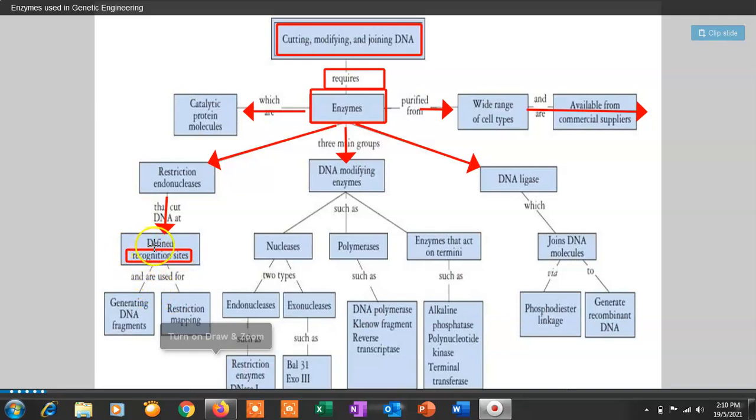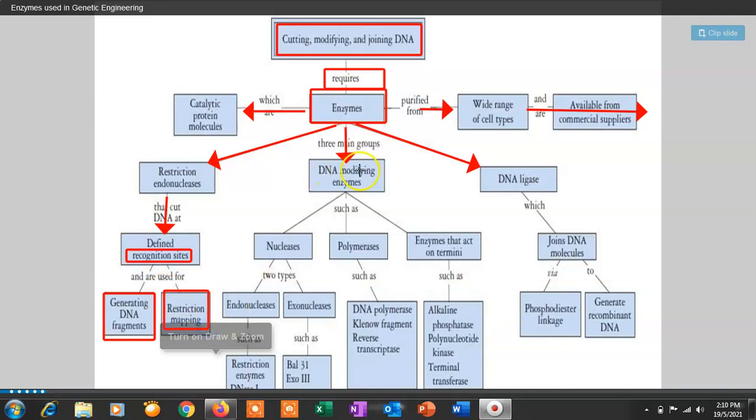These enzymes are used for generation of DNA fragments, for making small fragments of the DNA molecule, and for restriction mapping of the DNA.